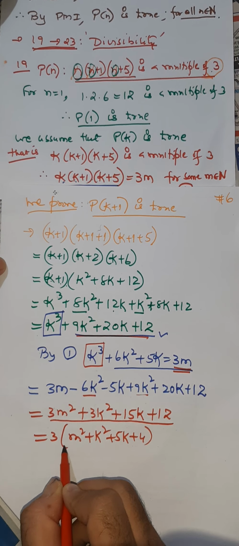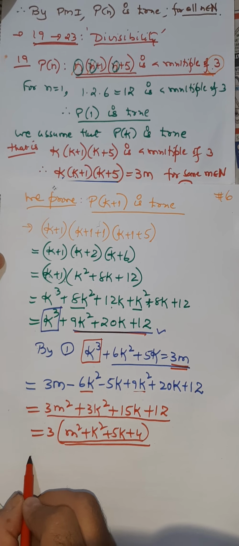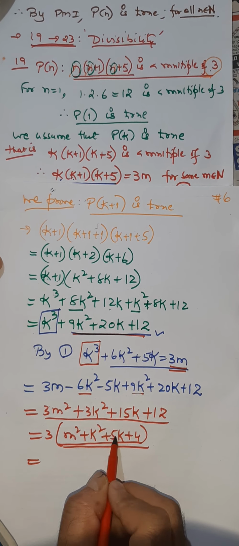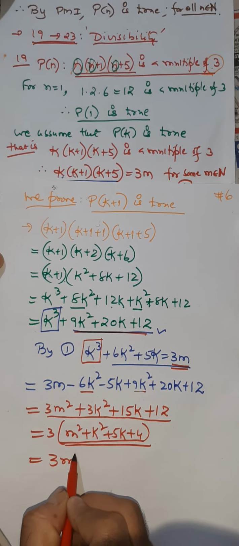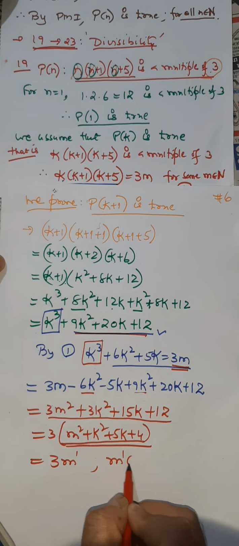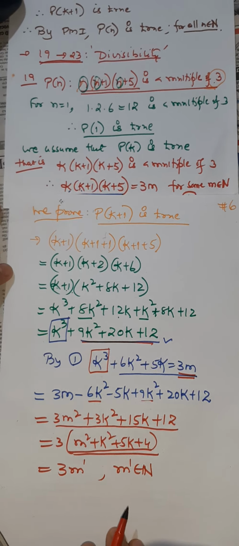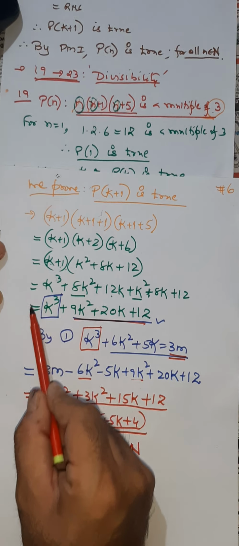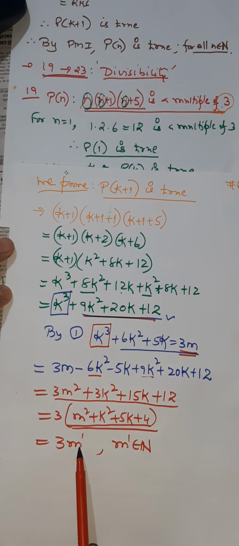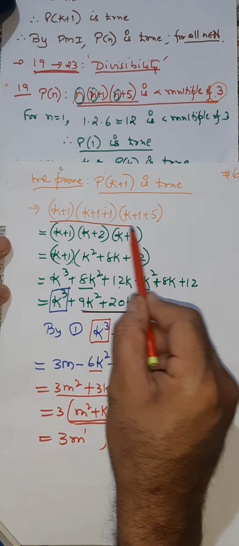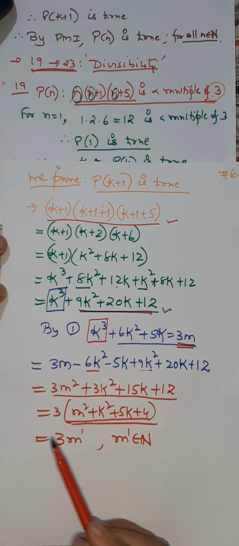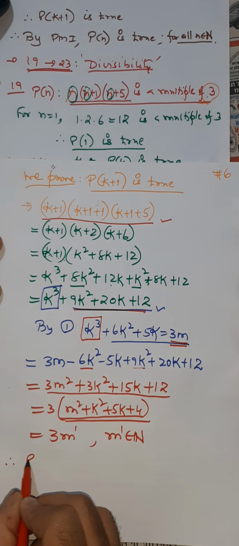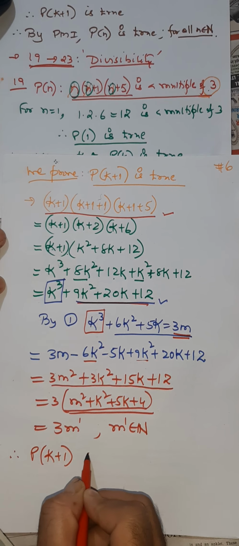Now you can consider this like one constant, whatever it is. It may be 1, 2, 3, 4, so you can call it 3m dash, where m dash is again a natural number, remember. So look here, you have shown that everywhere you have equals 3m dash. Therefore you can say that this is a multiple of 3, and therefore P of k plus 1 is true.